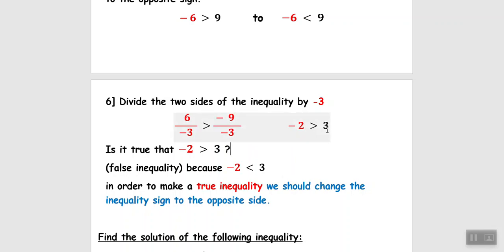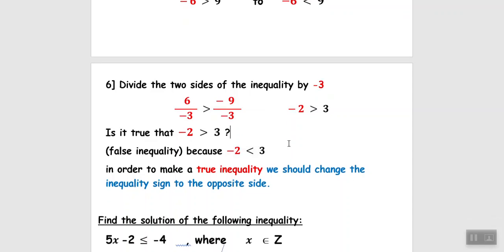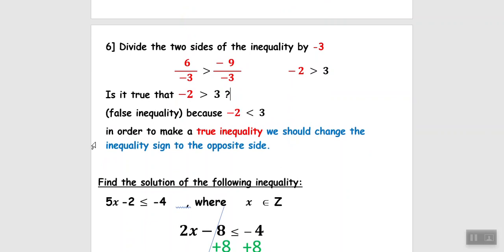Is it true that negative 2 is more than 3? False inequality. No, it's not true because negative 2 is smaller than 3. Finally, in order to make a true inequality, when dividing both sides of the inequality relation by a negative number, we should change the inequality sign to the opposite side.